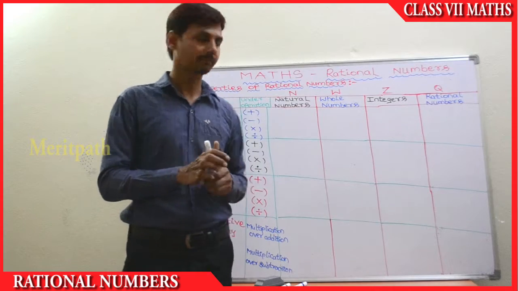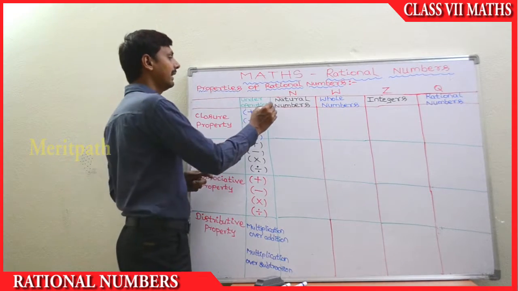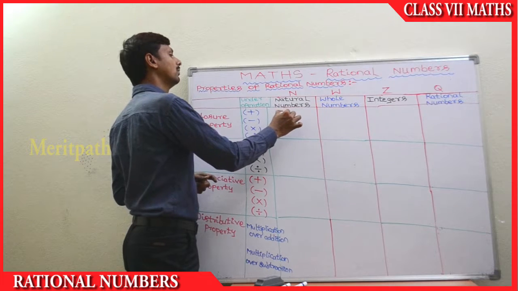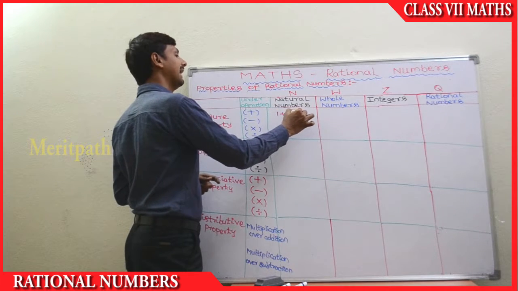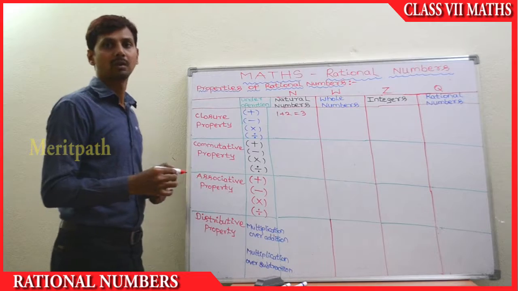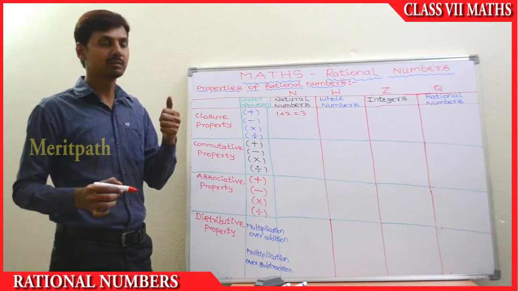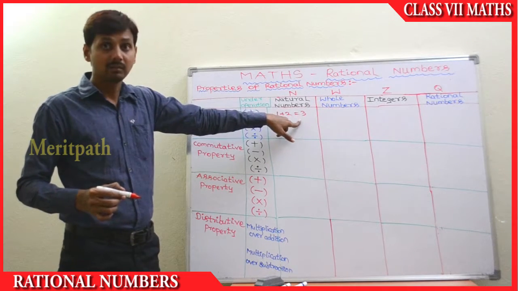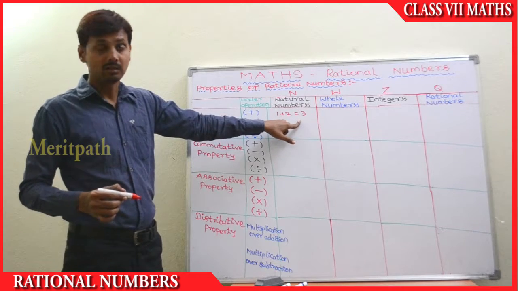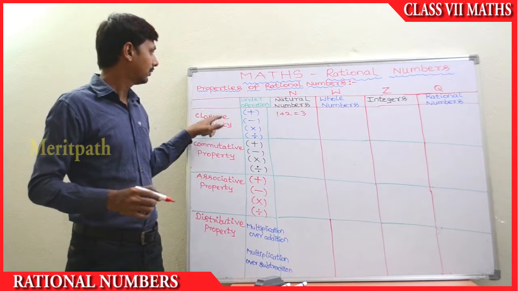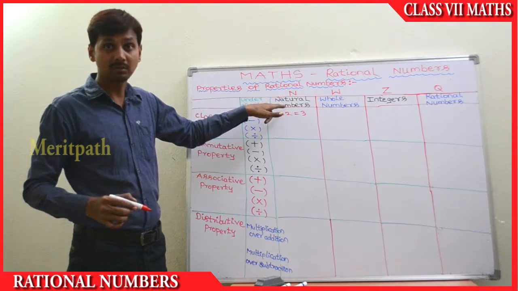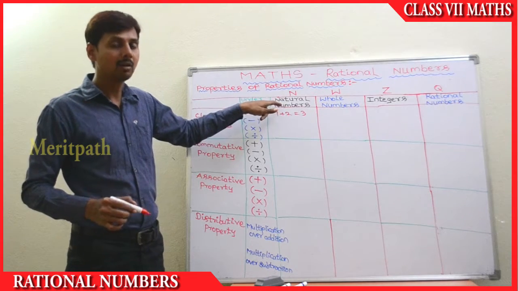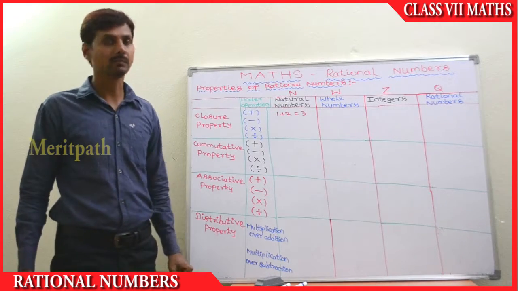For example, if we take 1 and 2 and add them, we get 3. So if we add two natural numbers, we get again a natural number. So the closure property of addition on the natural numbers is applicable. Earlier classes we have discussed the same thing.